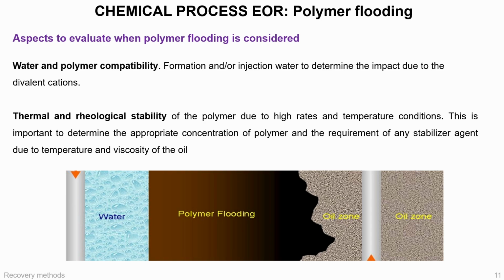The polymer must remain effective under reservoir temperature and flow conditions. So polymer flooding is not simply about buying a chemical and injecting it. It requires a strong understanding of fluid chemistry, reservoir conditions, and injectivity behavior.